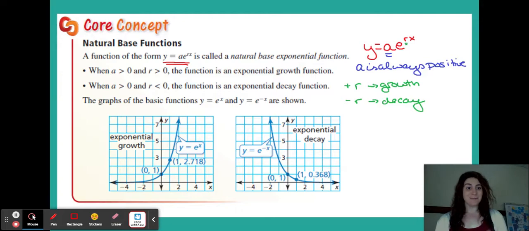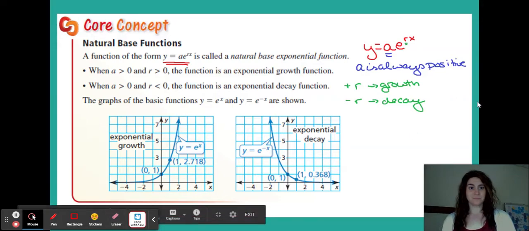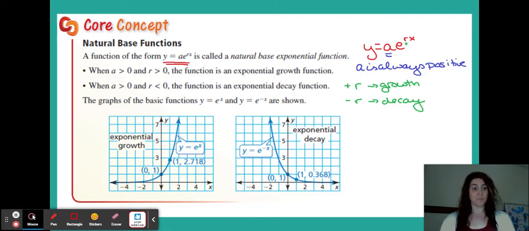So if I have e to the negative 2 power, that's really 1 over e to the second power, which now makes it a number less than 1. It's a fraction. It's 1 over something. So that is now a decay function. Okay, so again, we have our growth and decays, and it's going to be dependent on the rate whenever we're using e for our function.